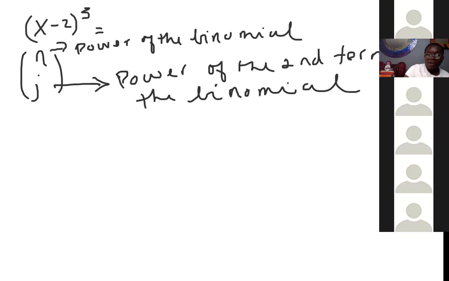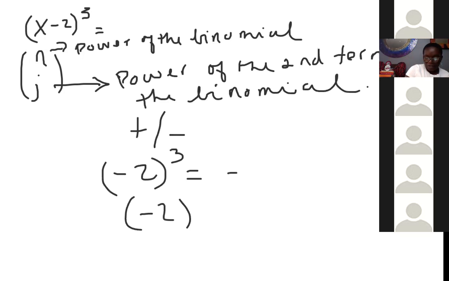Now to complicate things, in this problem I have a negative in there, guys. Because there's a negative, the terms are going to alternate from positive to negative. Why? Because if you have a negative raised to an odd power, this will be a negative. However, if you have a negative raised to an even power like 4, this will be a positive. So the signs are going to alternate positive, negative.